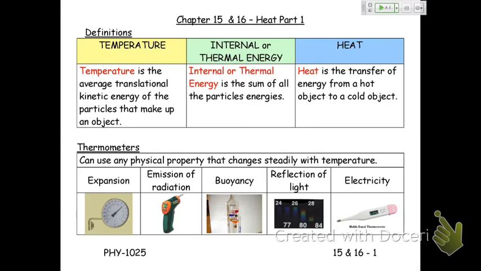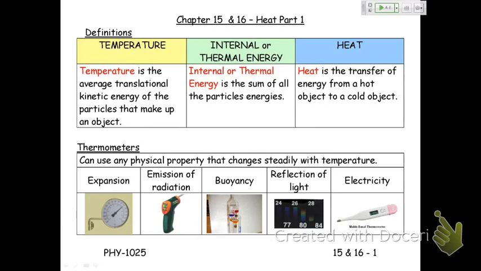And that's where we tend to make our first conceptual mistake. We think that things that have a lot of internal energy must have a high temperature, and things that have a high temperature must have a lot of internal energy. And atom for atom they do, but we're not necessarily comparing atom for atom. So there's a difference between temperature and internal energy.